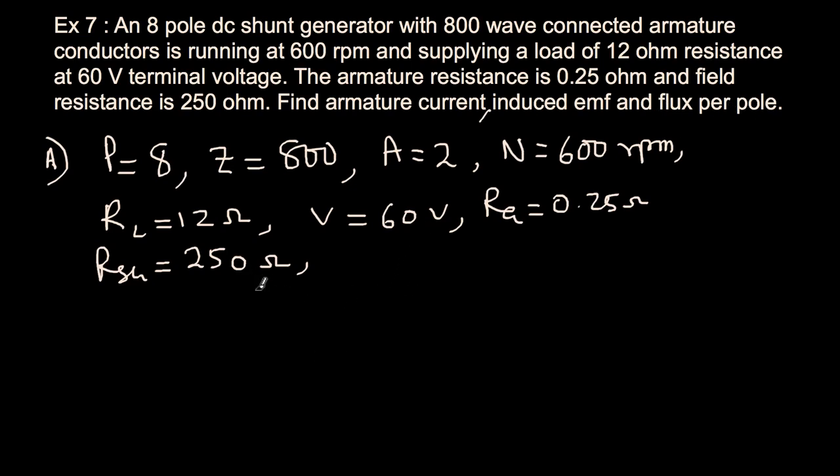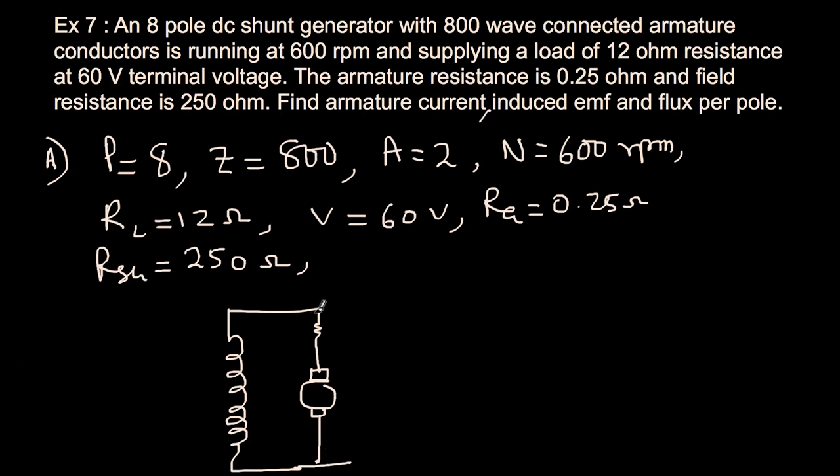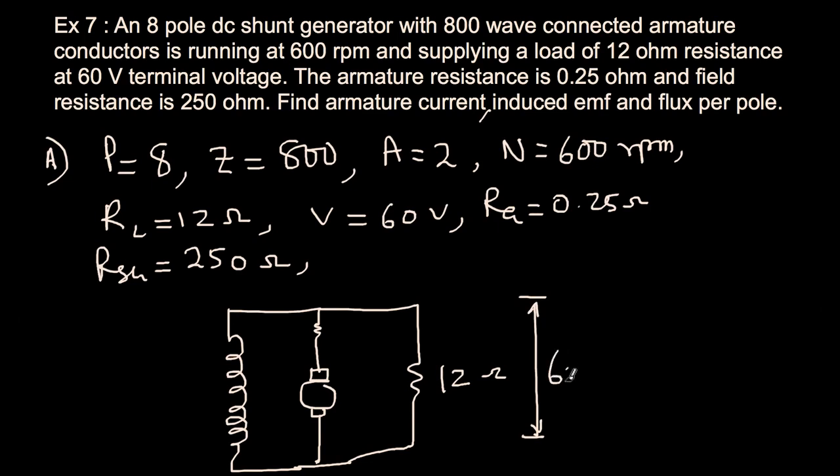So let's see. It's a DC shunt generator, so it helps in drawing the diagram. So this is a circuit diagram of a DC shunt generator. Load resistance is 12 ohms and the load voltage is 60 volts.